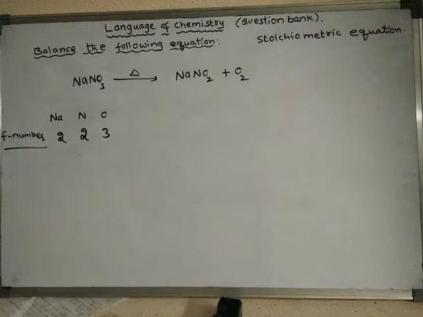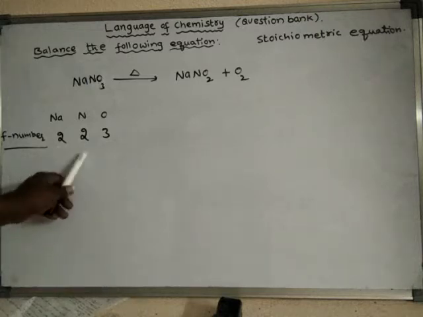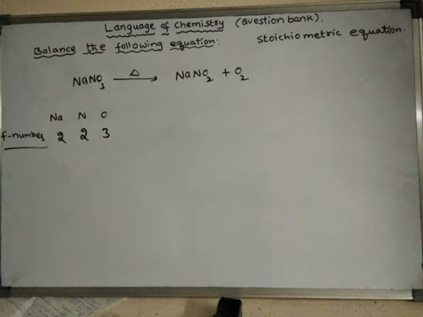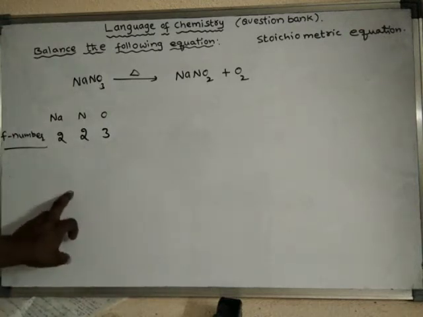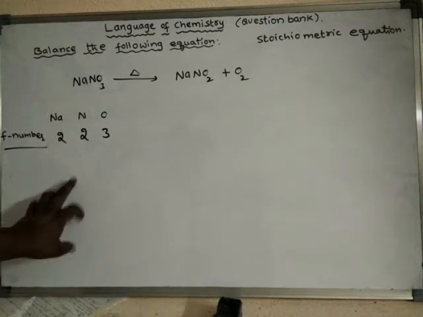After identifying the frequency numbers, we have to arrange these elements in increasing order of frequency number. First we have to see if any elements have the same frequency number. If they do, we write the metallic element first.